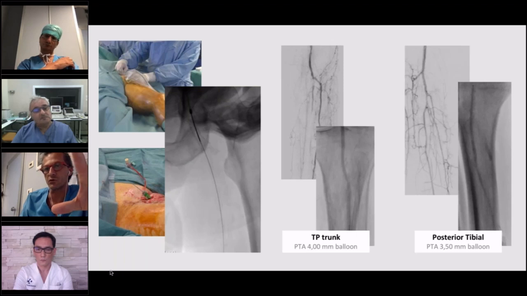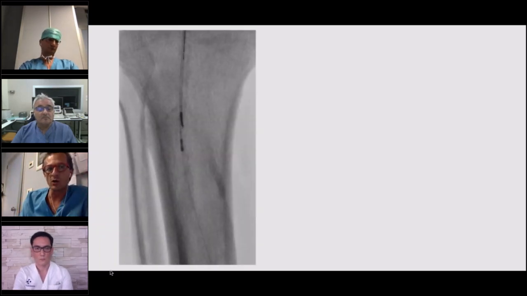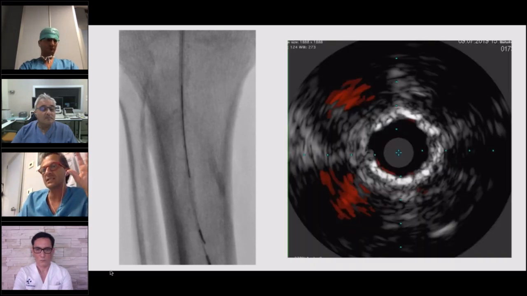We perform the first angio to evaluate the situation, to decide the best site, the best donor artery, tibioperoneal trunk or the proximal portion of the peroneal or the posterior tibial artery, and then we prepare this artery well. We go with the device into the artery, and this is the typical IVUS view at this level.